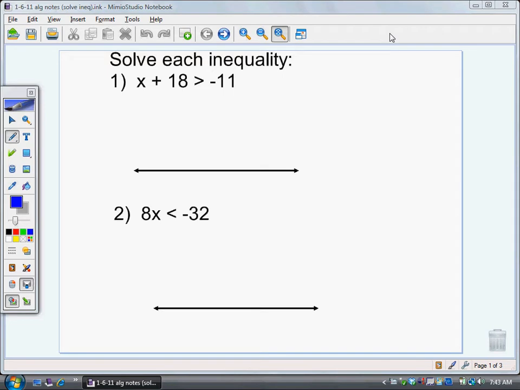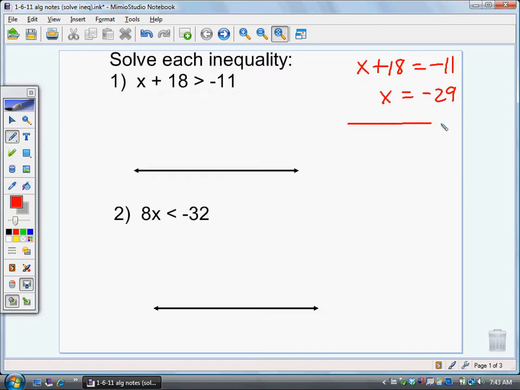Okay, so if I have the inequality x plus 18 is greater than negative 11, if this were an equation, it would be x plus 18 equals negative 11. You would solve that equation by subtracting 18 from both sides, and you would get that x is equal to negative 29. And so the value of x is just negative 29 in an equation.